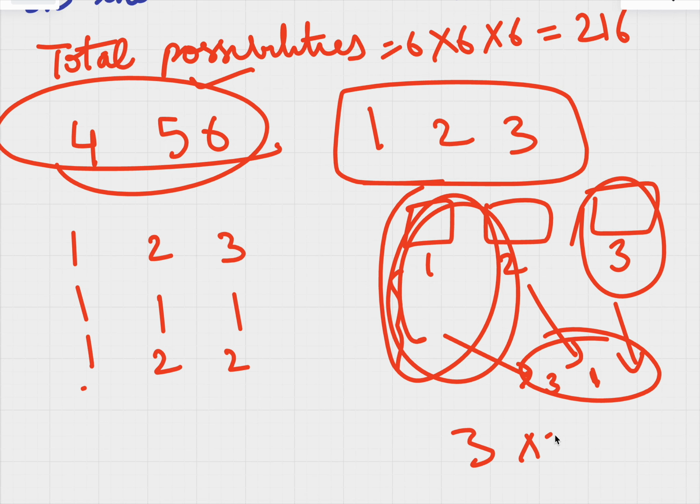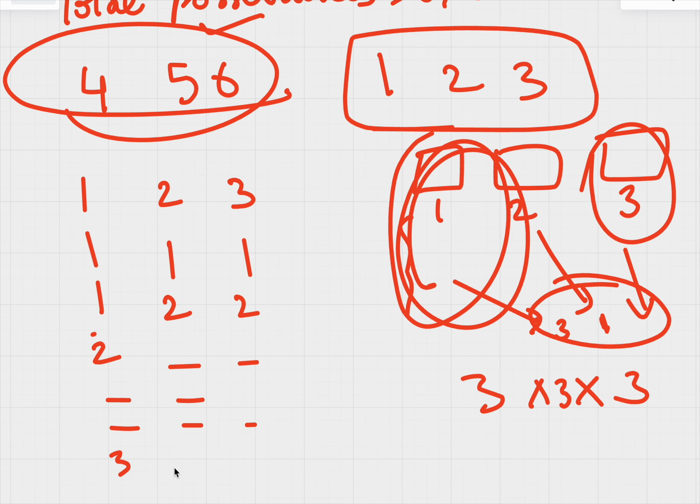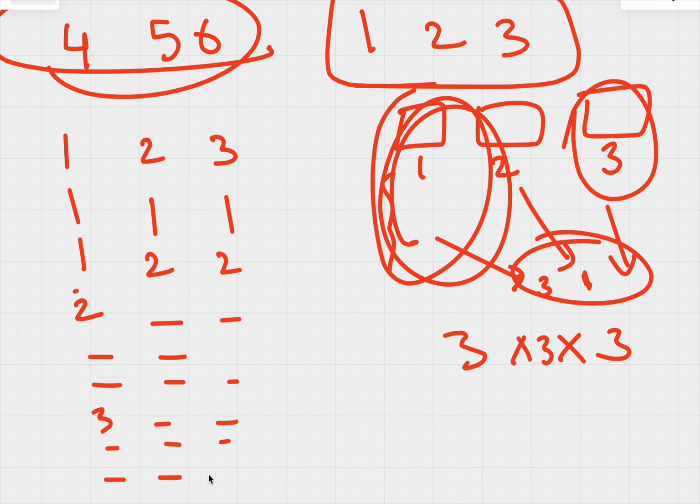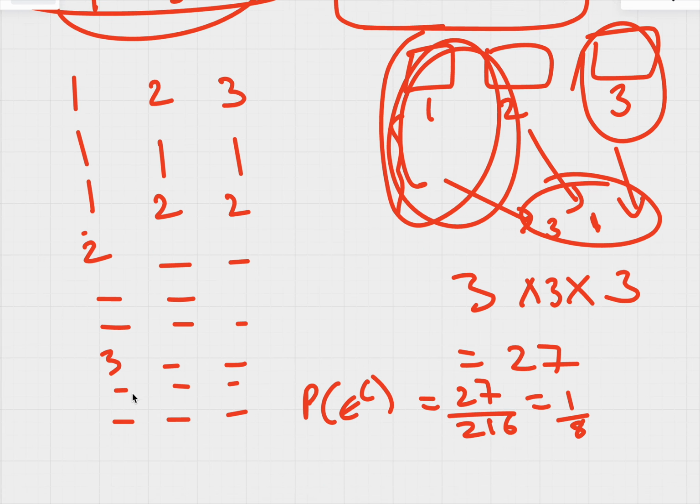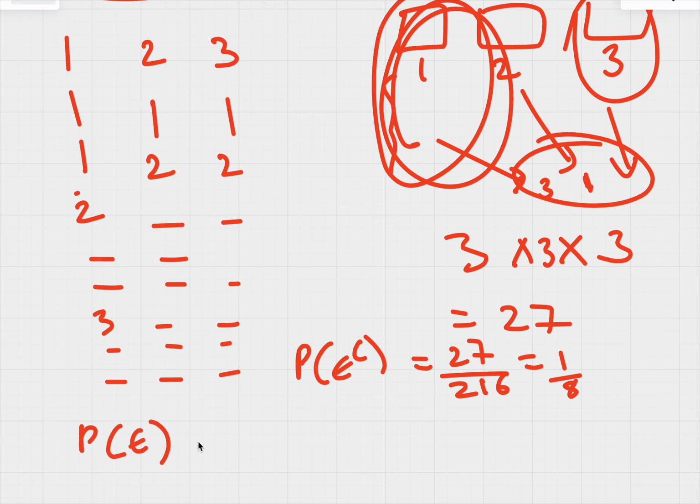So 3 chances into 3 chances into 3 chances. Similarly with 2 and with 3. So the favorable outcomes for the complementary event are 3 cube, which is 27. So E complement would be 27 by 216, which is 1 by 8. And what would be the probability of the event? 1 minus 1 by 8, which is 7 by 8.